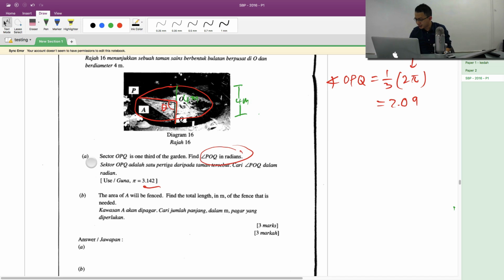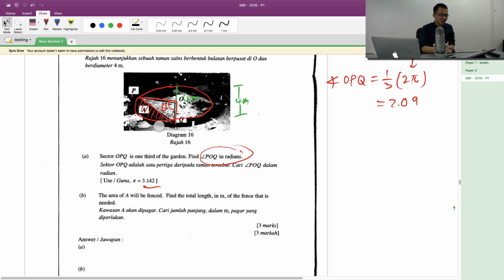Why do you subtract the whole circle? It says area. Oh, I thought A actually is the whole sector. Okay, thanks for that. Now I see that A actually is a segment. That means they asked for this part only, right?